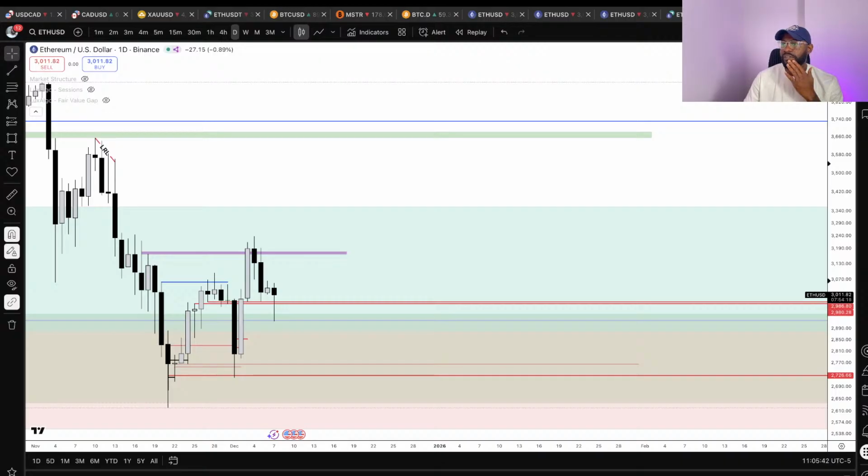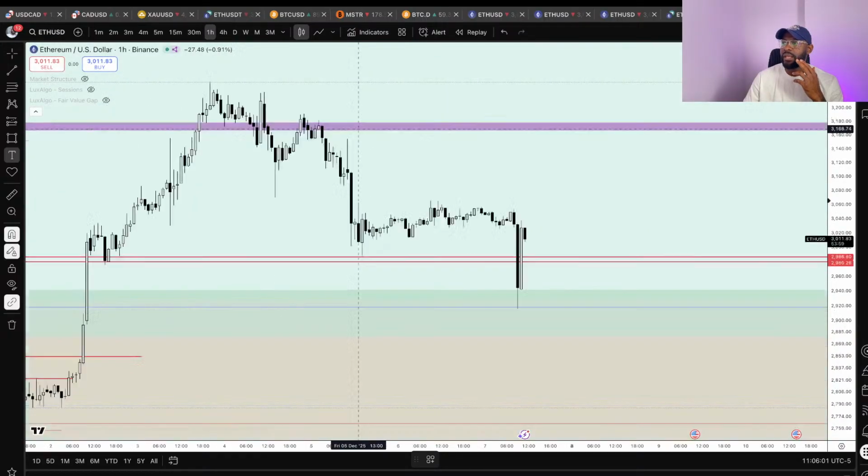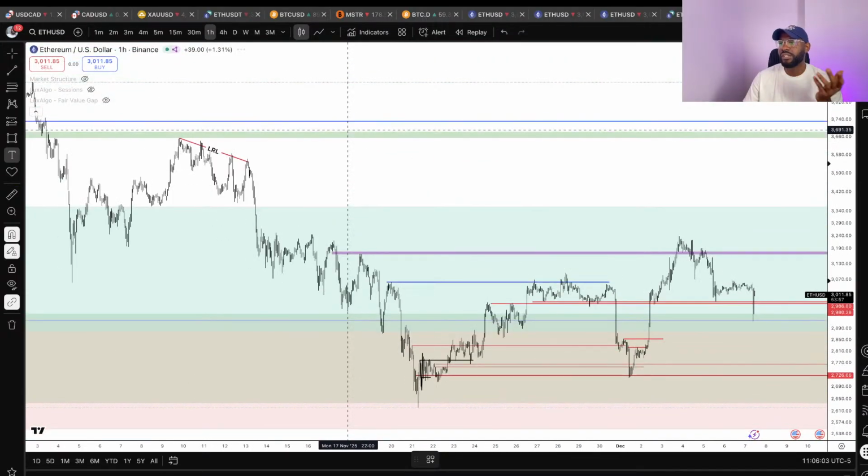So now the first thing I need you to understand is the change of character is simply this. It's pretty much the same way. It's a break of structure, but the difference is that this is on the lower time frame. So for example, when you're looking for a break of structure on the lower time frame, it's called a change of character.